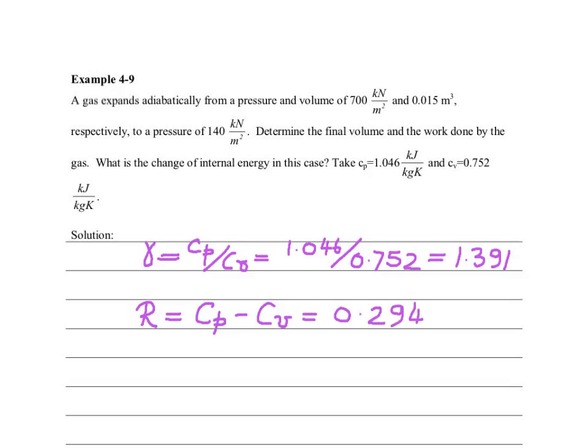We need to know the units. In this case, it is kilojoules per kilogram K, same as Cv and Cp. Having got that, let's now get to solving the question.